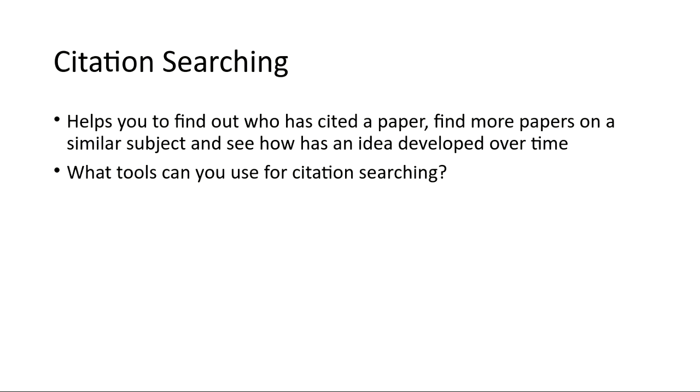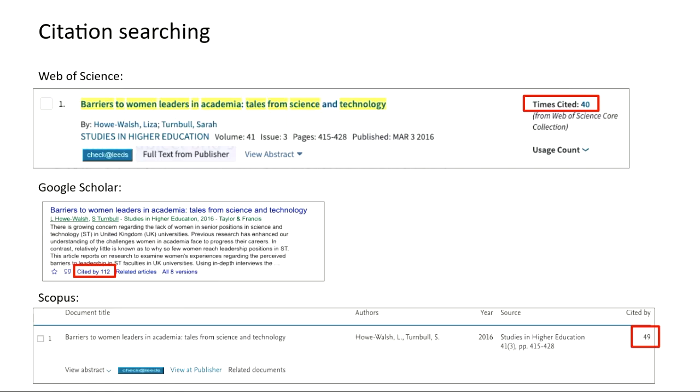finding relevant papers. In terms of the tools you can use for citation searching, three key tools are Web of Science, Google Scholar, and Scopus. So we recommend that you use these three tools to do some citation searching, and it's possibly best to do all three.